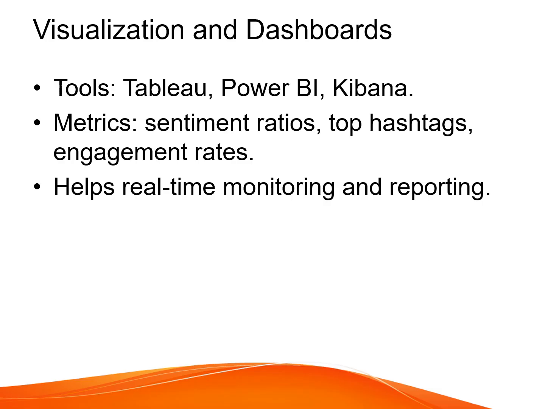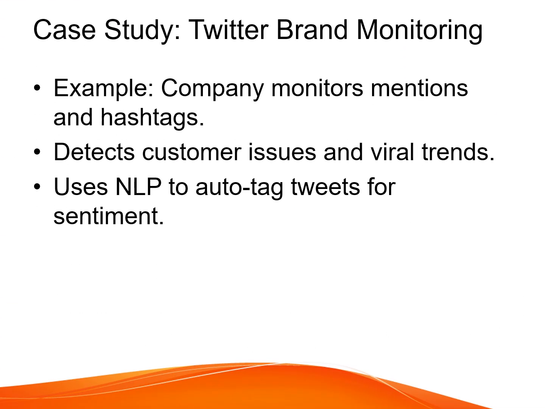And then coming to a case study of Twitter brand monitoring. Consider a brand like Nike monitoring tweets which mention its products. The system can capture all mentions, classify sentiment, and highlight top influencers.